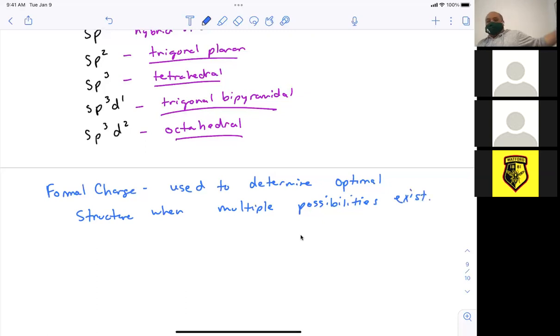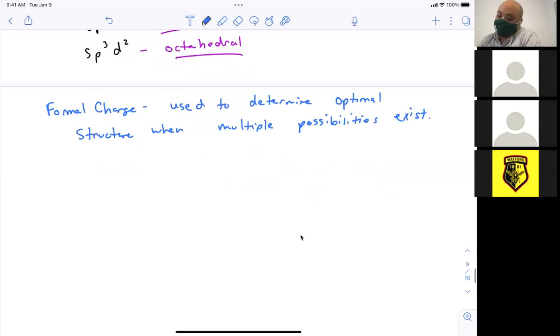So formal charge happens when, let's say you have a double bond and you have 2 different places that you can put it, but you don't know which one it goes on, and you have to figure out which one's the optimal shape. Formal charge as an equation is valence electrons minus number of bonds minus lone electrons.